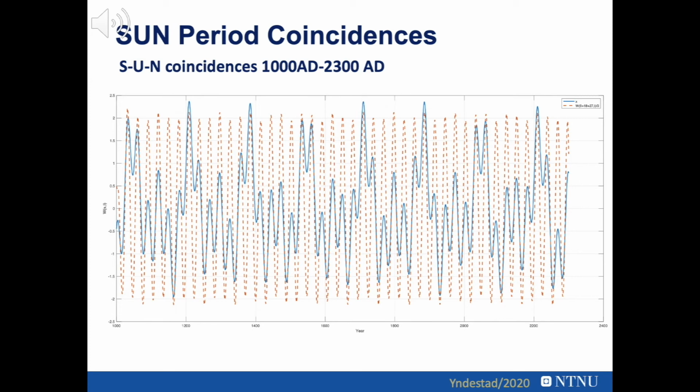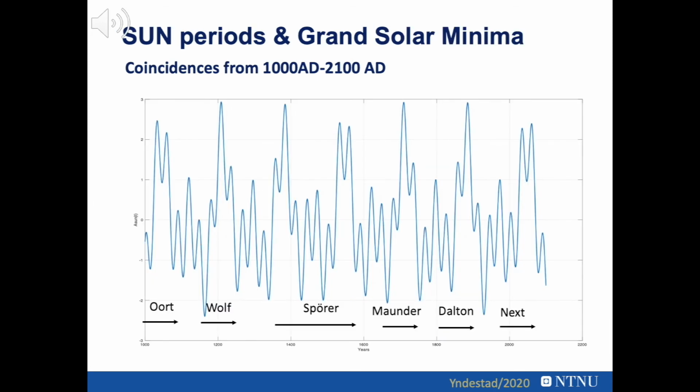And the total coincidence between Saturn, Uranus and Neptune changes in the total envelope period of 4,480 years. The irradiation from the Sun is not constant.